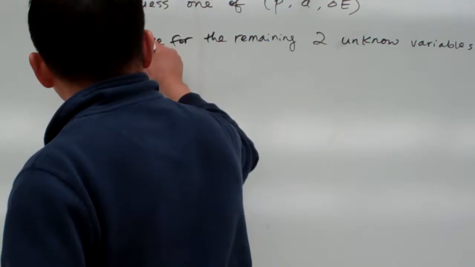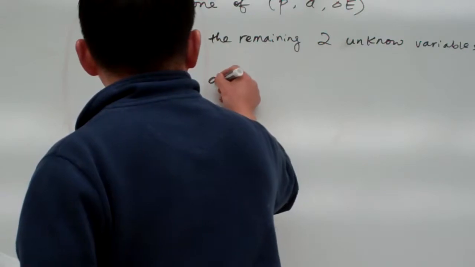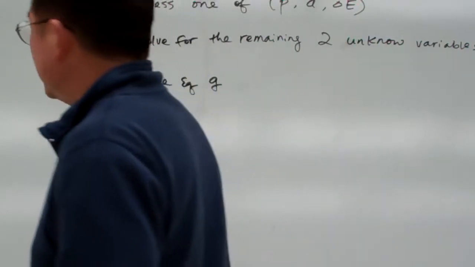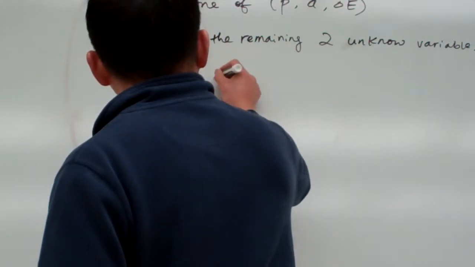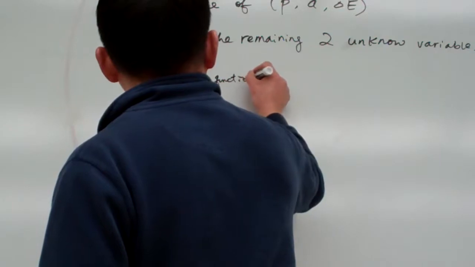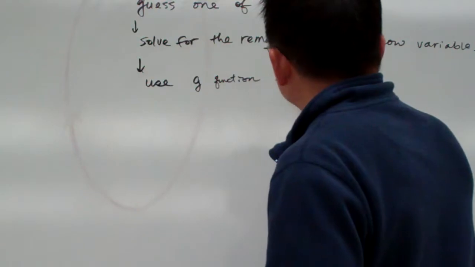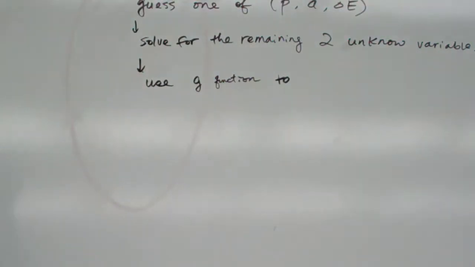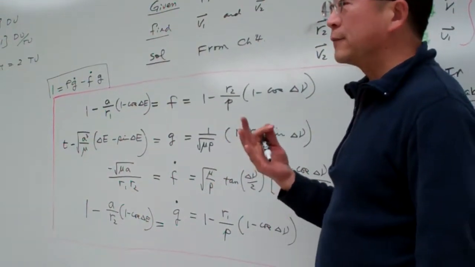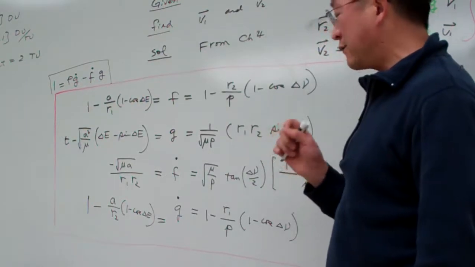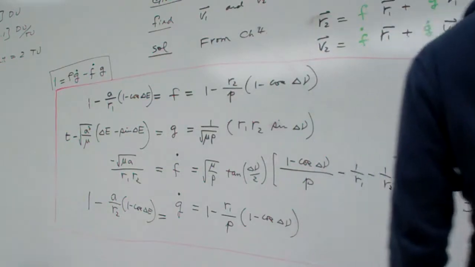So I think that's the logic. Then use the G equation. Use the G functions. Right now we have solved for F and F dot, so assuming we have the three unknown variables with values there, we simply use the G function to calculate.